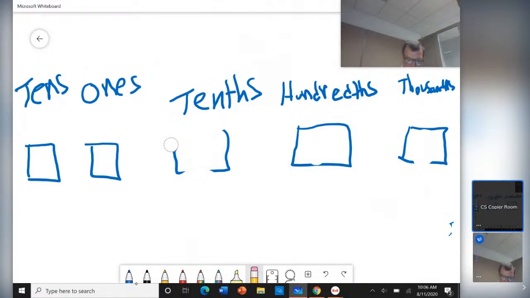One thing I want you to keep in mind is tens, T-E-N-S. Tenths is T-H-S. Hundredths is D-T-H-S, and thousandths has a T-H-S at the end. On the other side of the decimal, it's 100, 10, 1. There's no T-H-S. So that's how you know the difference between the tens and the tenths.